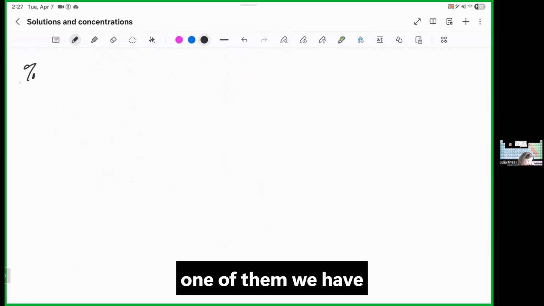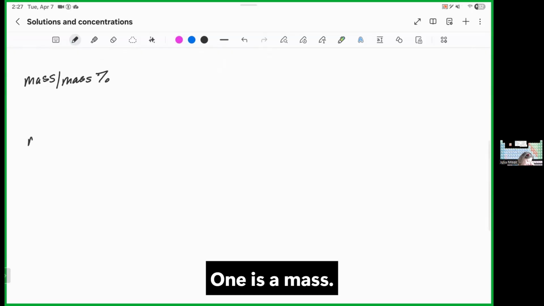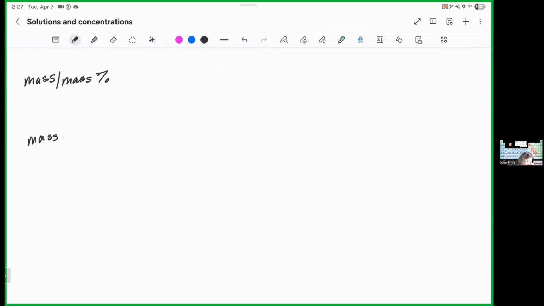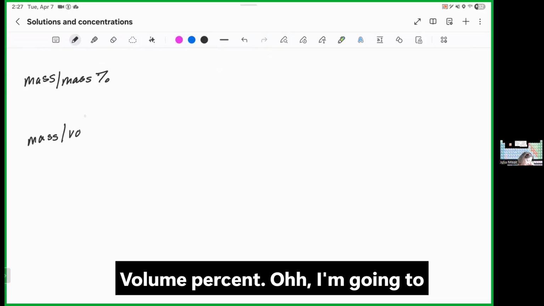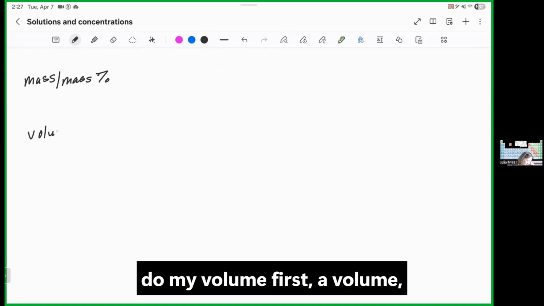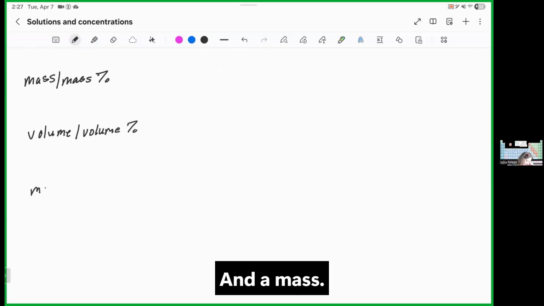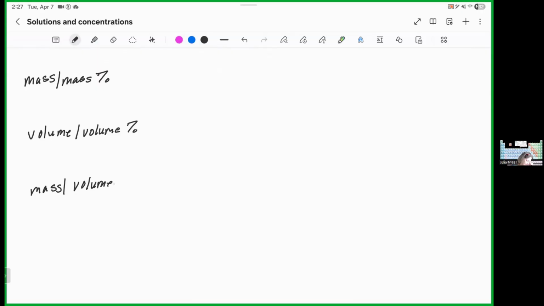Okay, so there are a few concentration units that we use, and one of them is mass percent. One is a volume percent and a mass volume percent.